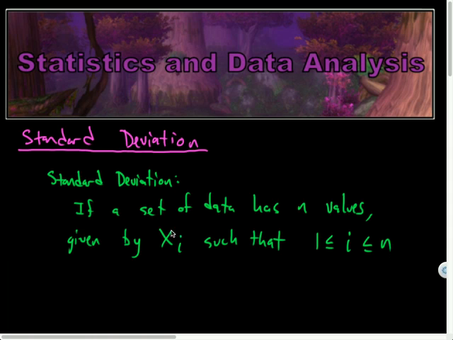So basically, x_1 represents your first value, x_2 represents your second. We've seen this before. With an arithmetic mean called x bar, we've seen that used before, then the standard deviation.